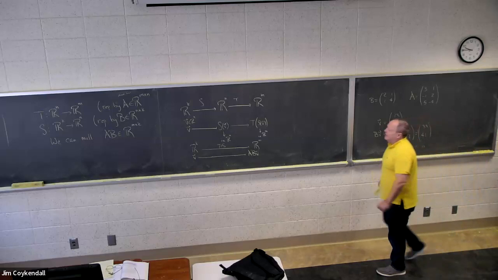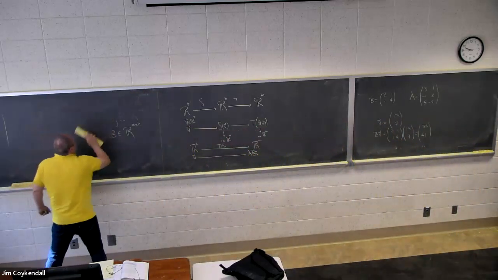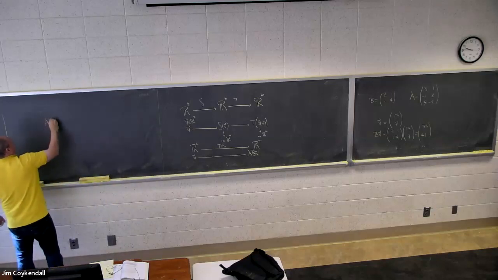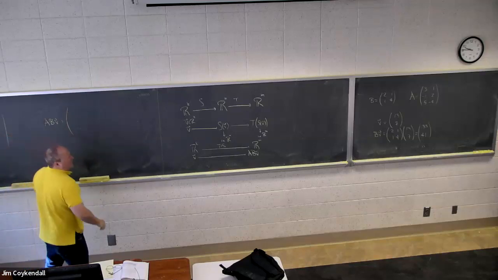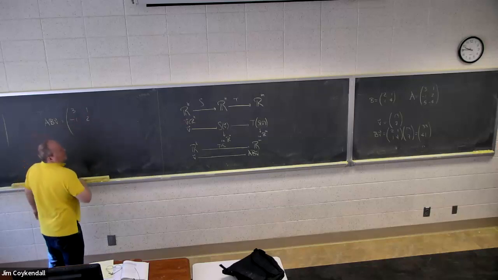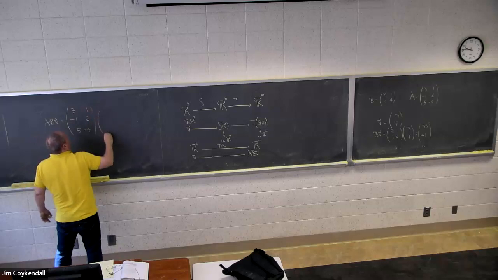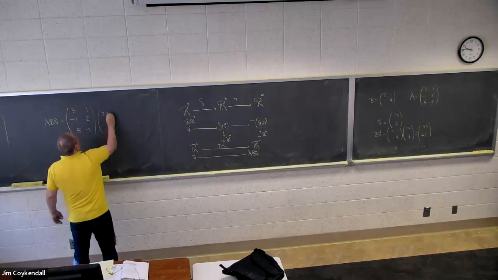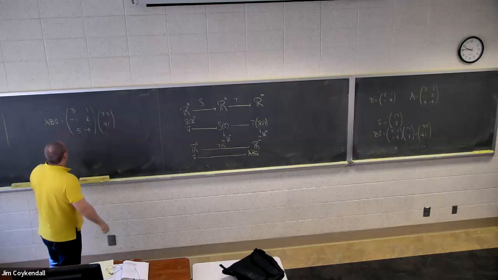And now, if you look at AB times V. This is whatever that A was, [3, 1; -1, 2; 5, -4], times the vector I ended up with, [33, 41]. What do I get now?